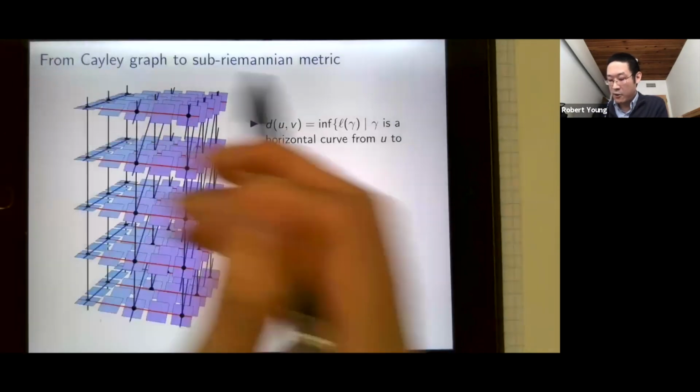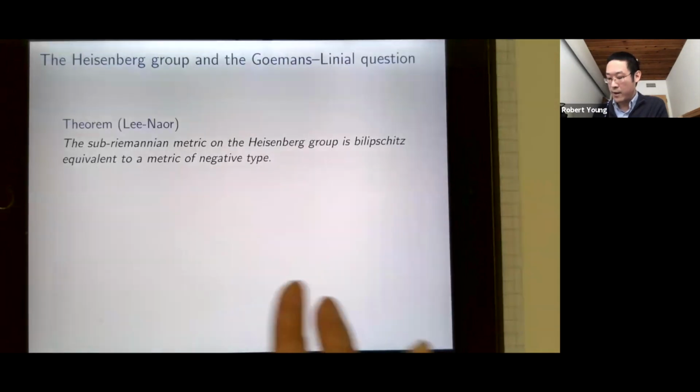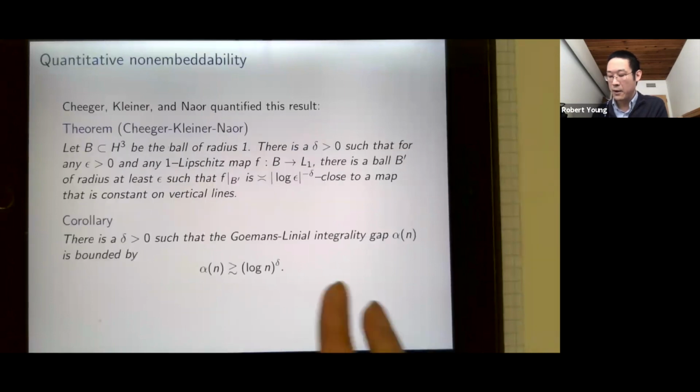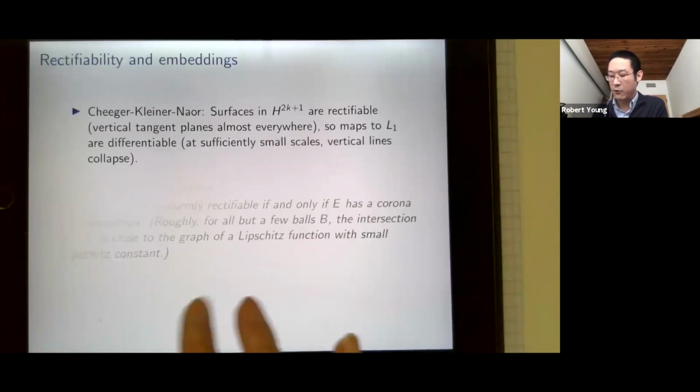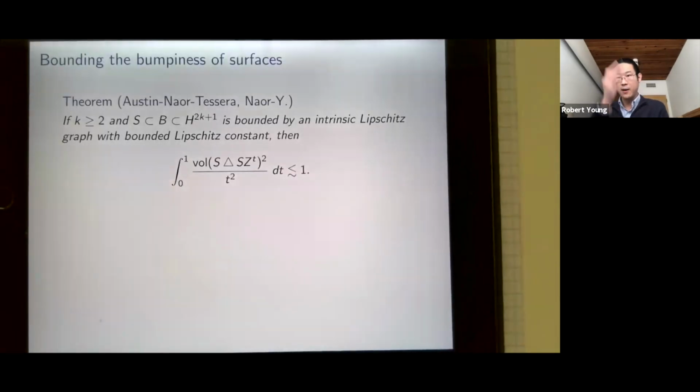So the fact that every codimension 1 surface picks up a foliation from the horizontal distribution, rather than just some distribution, is really important for this analysis, because the slicing arguments work a lot better when you have a nice thing to slice into. So my guess would be, in general, that the Heisenberg group is the nilpotent group that embeds best into L1.